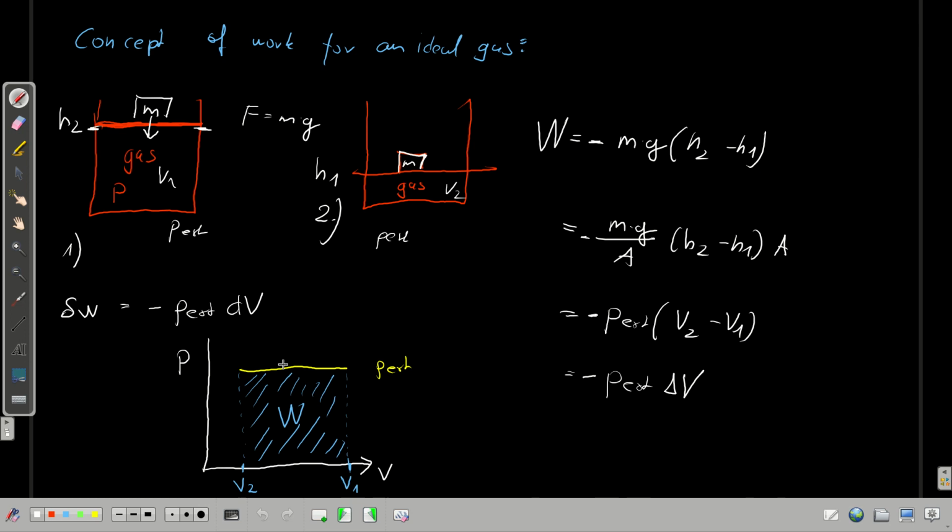If we compare this with this process here, then let's say we also start at V1 and then we compress.